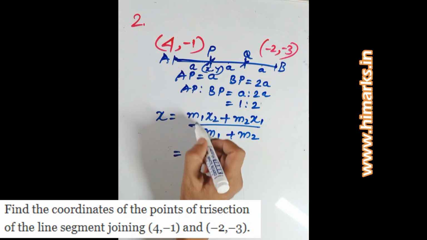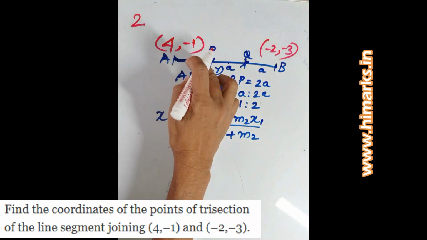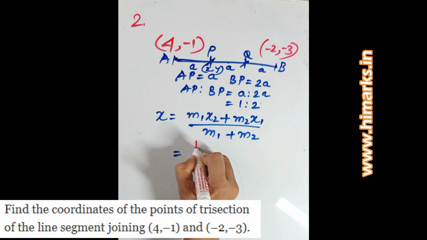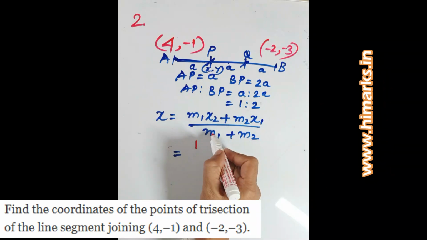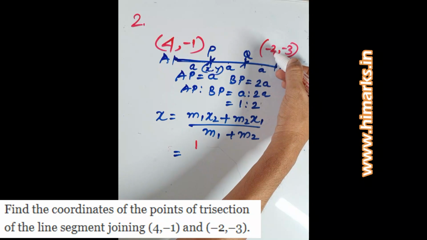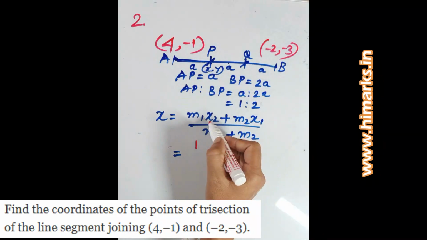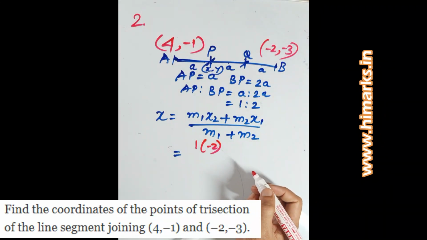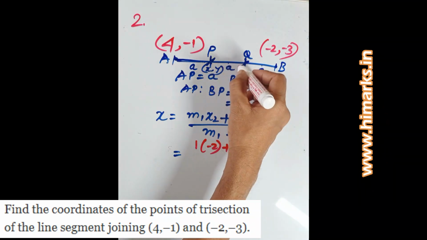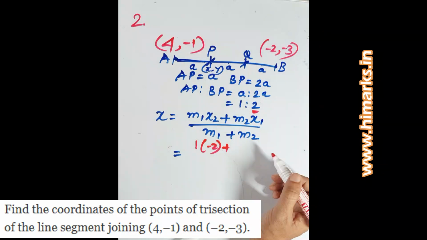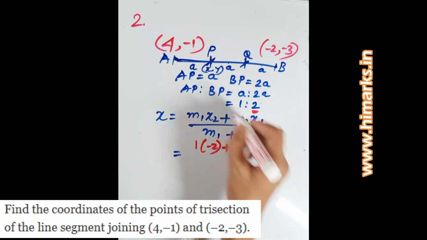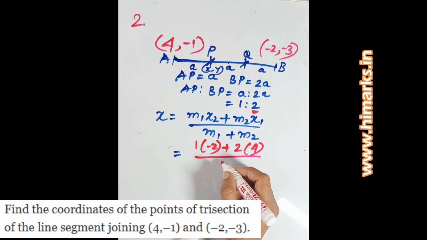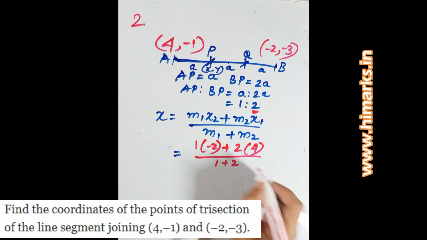Now here in the 1:2 ratio, m1 is 1 and x2 is -2, so 1 into -2 plus m2, the second part, 2 into x1, that is 4, by m1 plus m2, which is 1 plus 2.